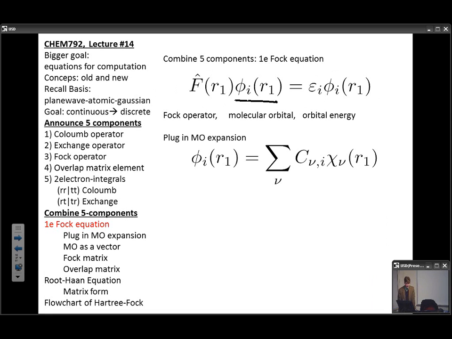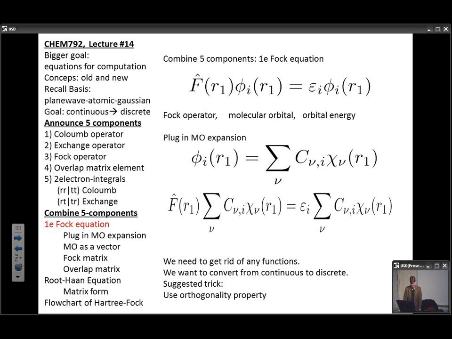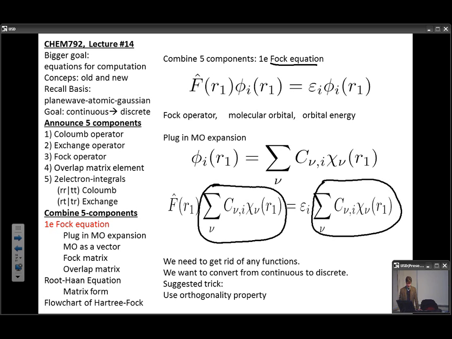So what we are going to do is to replace these unknown functions by their expansion in the basis of atomic orbitals. So we are going to plug into this equation here, right? So this equation is nothing but a rewriting of the Fock equation with molecular orbitals replaced by their expansion in the basis of atomic orbitals.